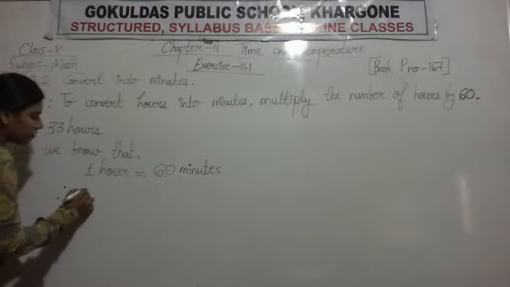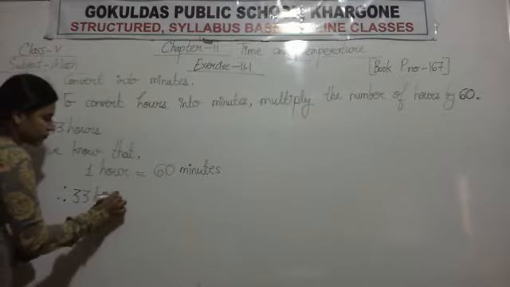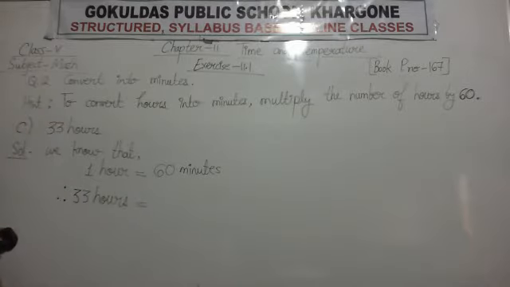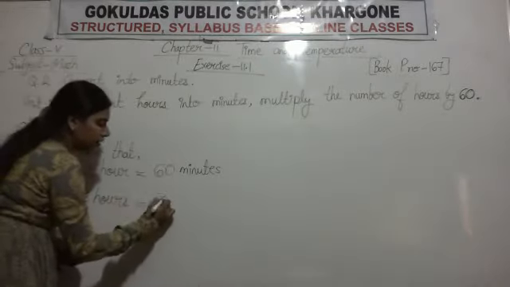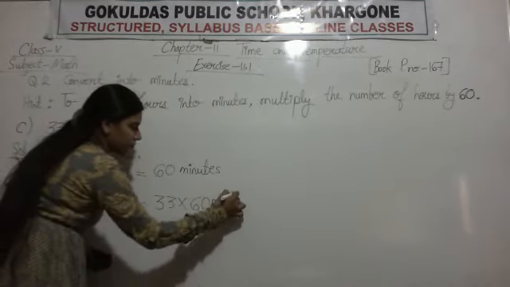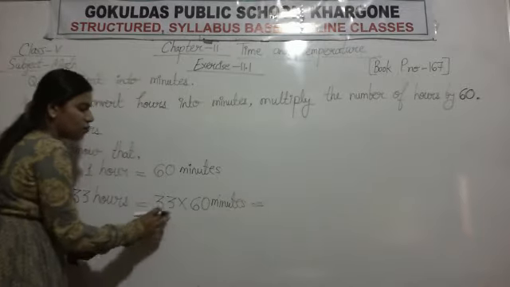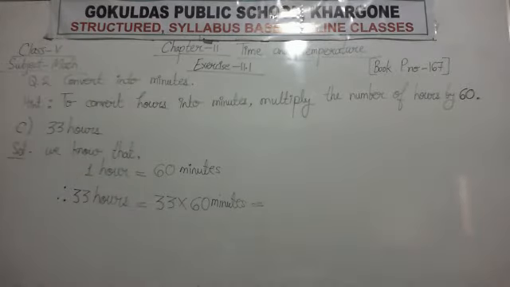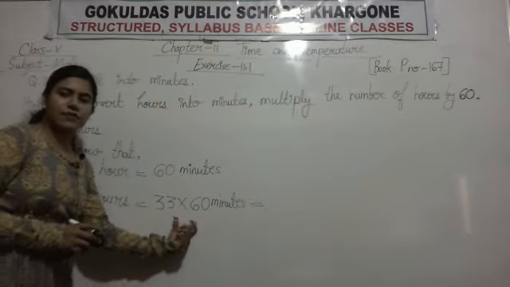Therefore, 33 hours will be equal to, according to hint, we will multiply 33 with 60 minutes. Right, now multiply 33 by 60. In rough work, arrange both the numbers column wise and multiply them.